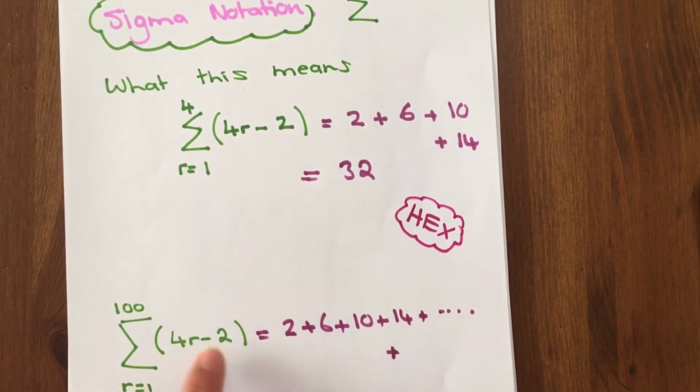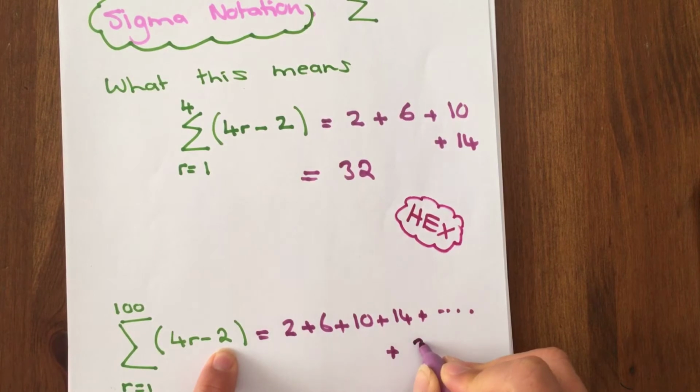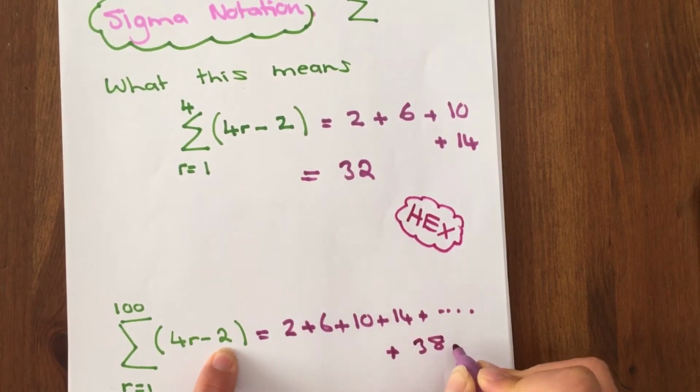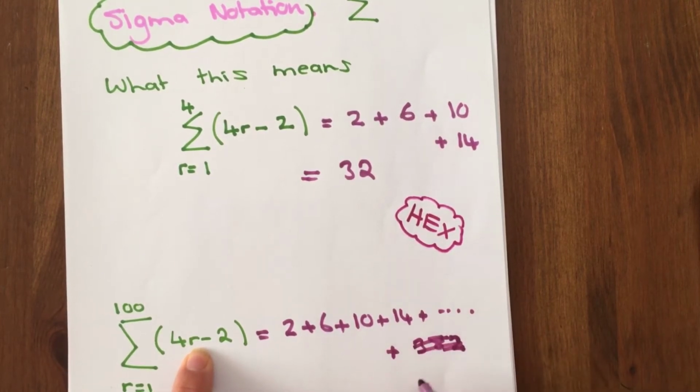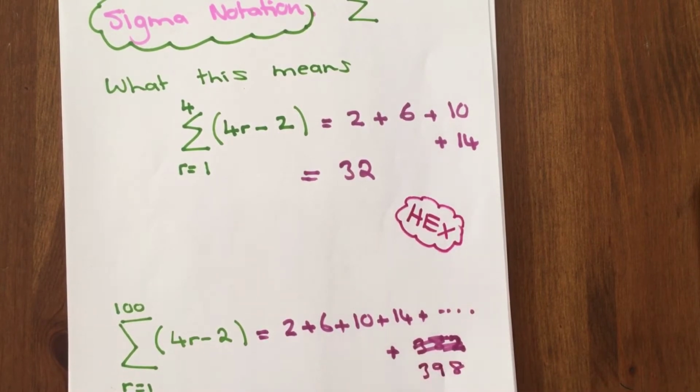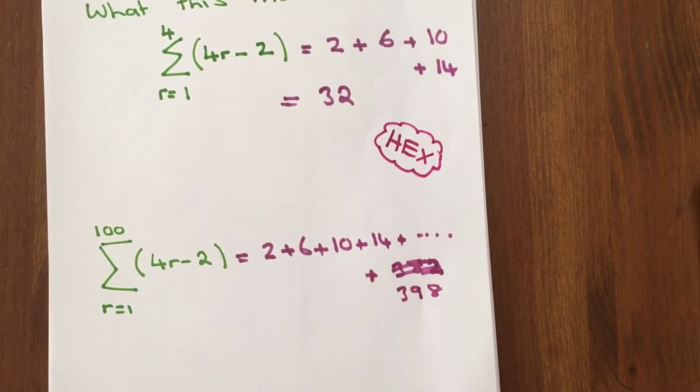So what's that? 400 take away 2, 398. So, how do we work out what this answer is going to be?